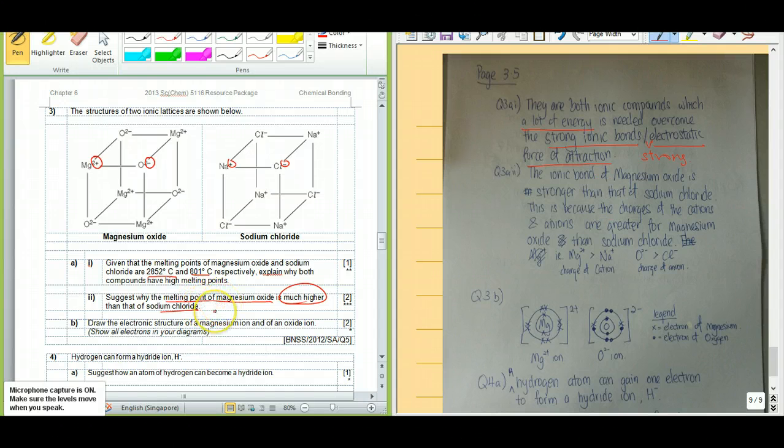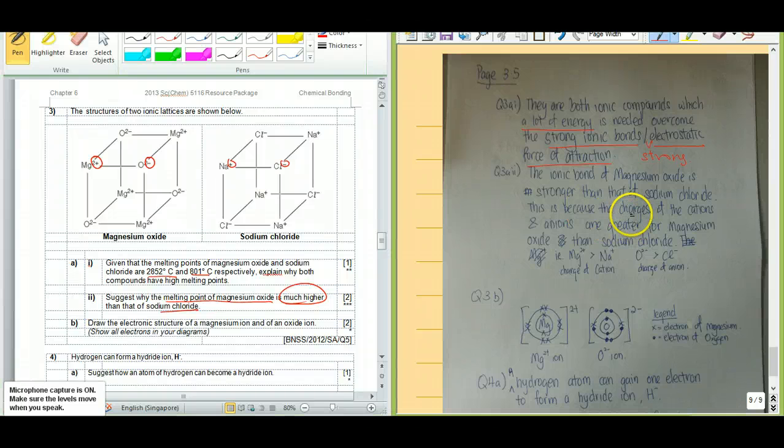Melting point higher means the bond should be stronger, as more energy is needed to overcome the force of attraction. But why is it so? You can say that it's because of the charges on the cations and anions. The cation Mg is 2 plus, but sodium is only a single plus.